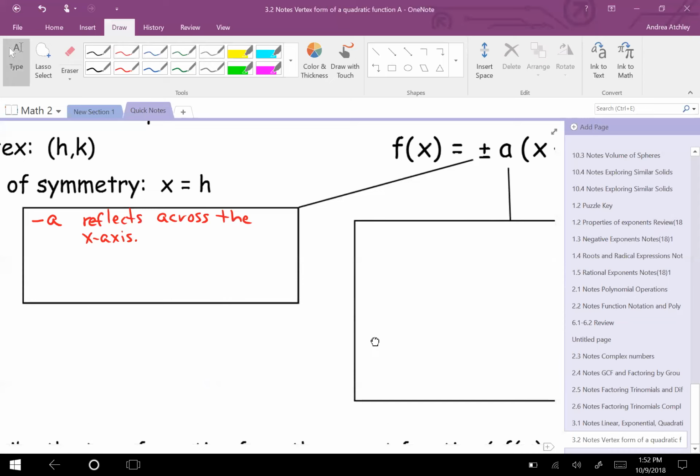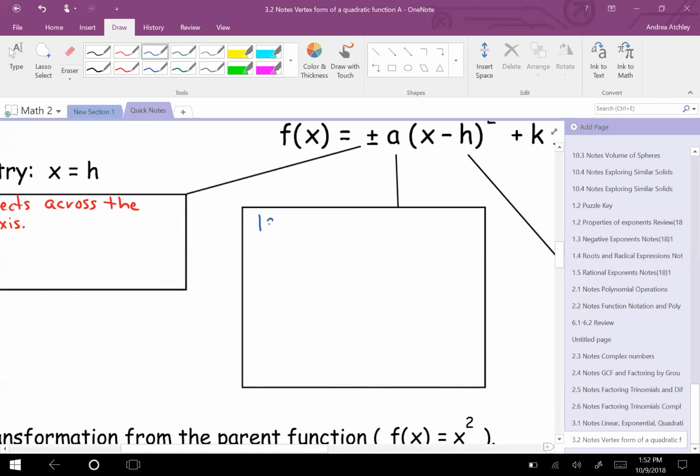Okay, if the absolute value of a is greater than 1, we call that a vertical stretch. We take the parabola and we stretch it vertically, and the parabola gets skinnier and more narrow. If the absolute value of a is in between 0 and 1, what numbers are in between 0 and 1?